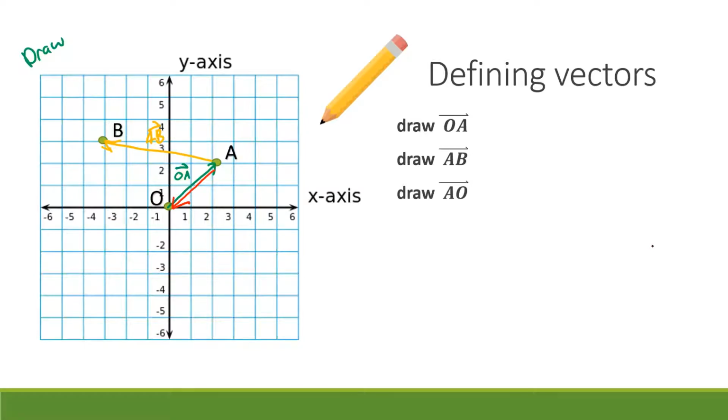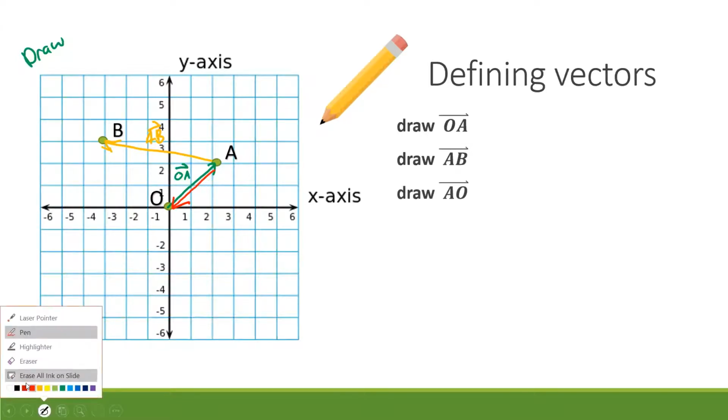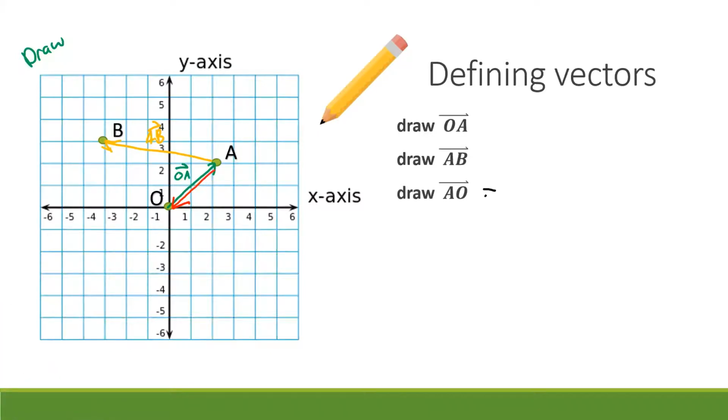An interesting fact is something I'm going to draw here. Vector AO is actually equal to vector OA, but the difference is that this is going in the opposite direction.